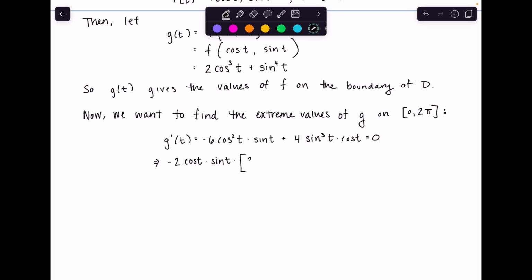From the first piece, we're then left with +3 and a single cosine. From the second piece, we're left with taking out a minus, so we're left with a -2. And then we're taking out one sine and one cosine, so we are left with sine squared of t. Okay. And I want to see, when does this equal 0?